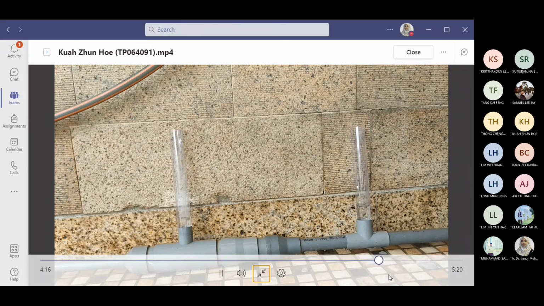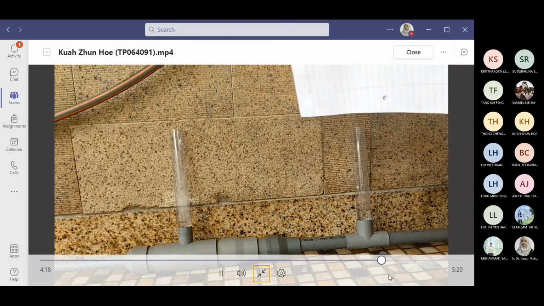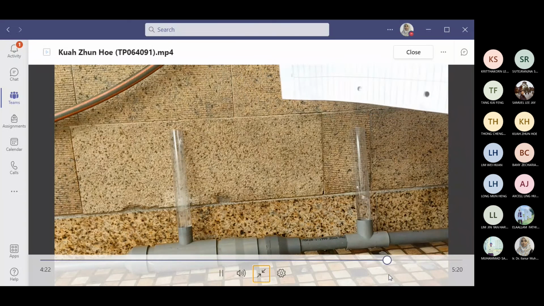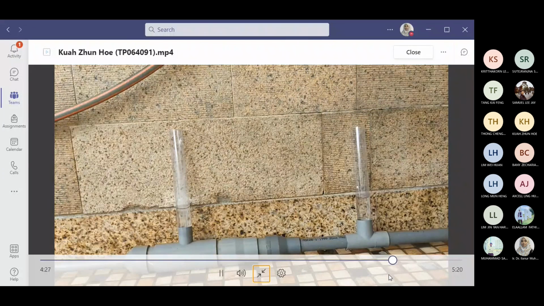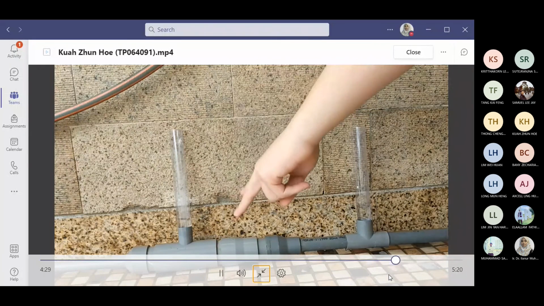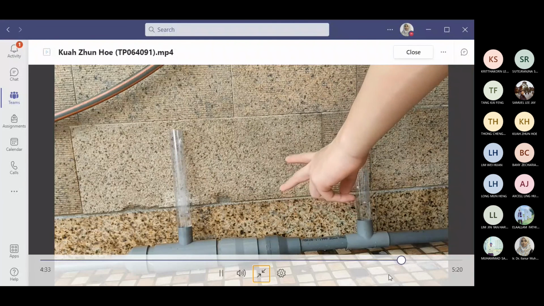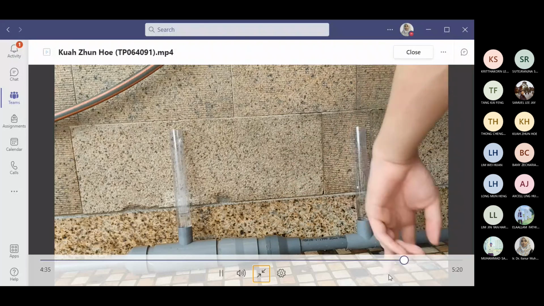So throughout the experiment, the water velocity will be decreasing. The streamline tubes will increase but the friction force causes them to decrease.